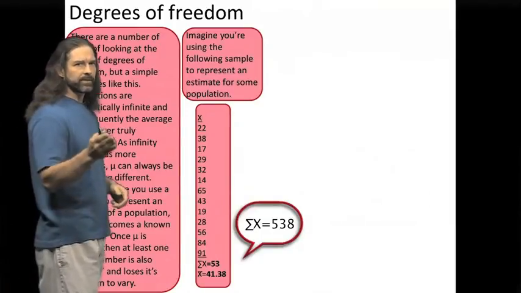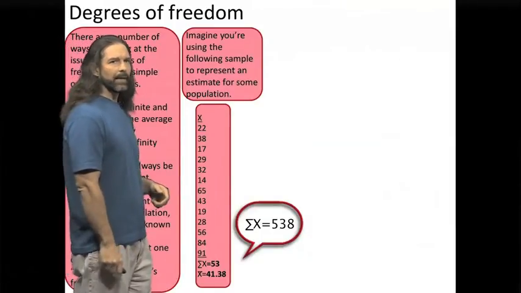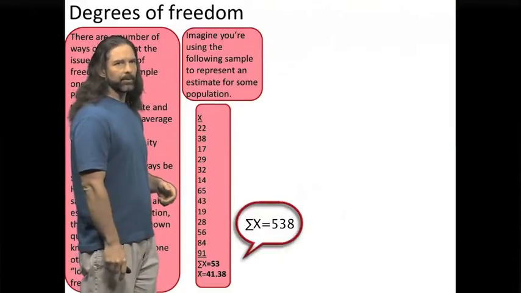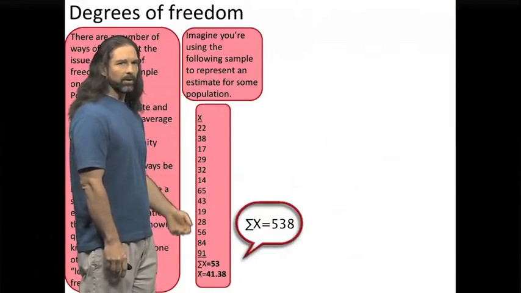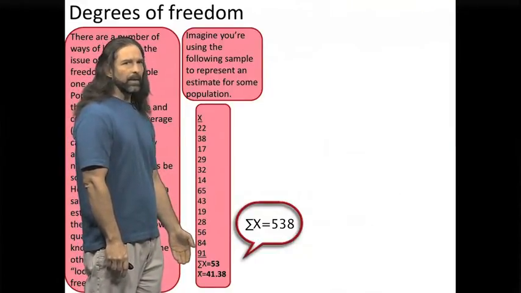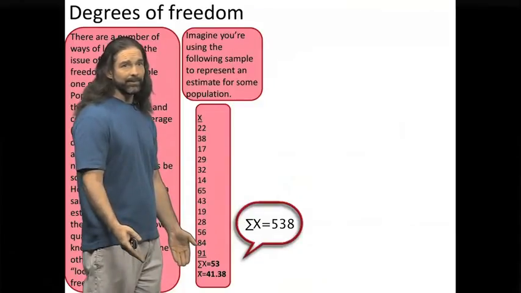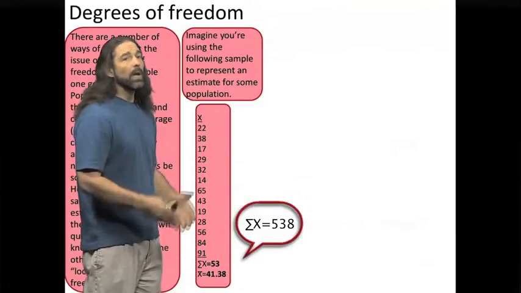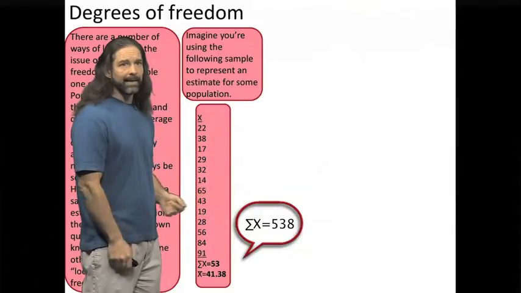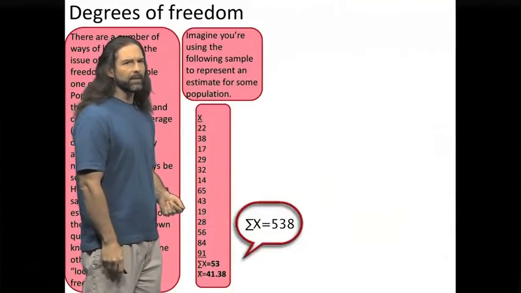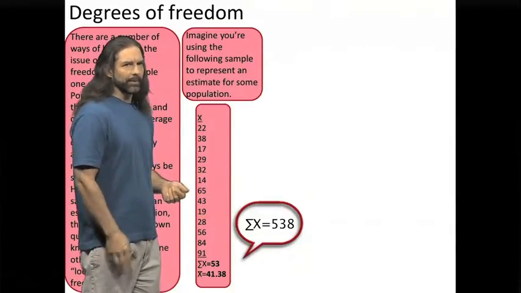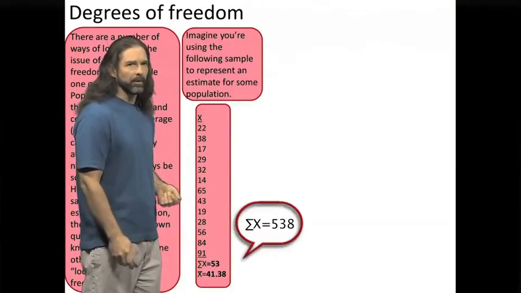So let me try to describe this. Imagine I use this sample to estimate some population parameter, in this case mu. So I calculate my sample mean, and if that is going to be my estimate for mu, mu is now locked in at 41.38. But remember, this is my sample. That sample could have been any group of numbers.